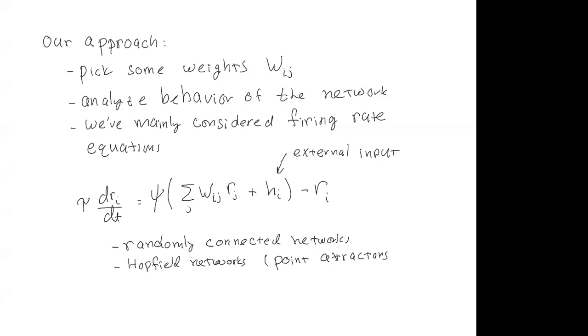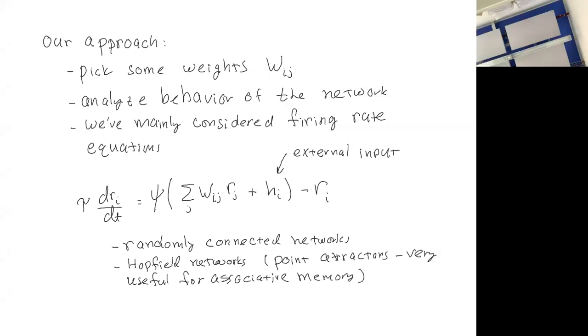And these are very useful for associative memory, so you can recall part of a scene, and that will tell you the rest of the scene. They're also useful in general. If you want to remember things for a short period, you need some kind of point attractor. You need to hold information in your brain. And so this was past lectures.